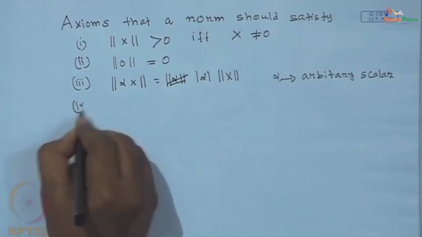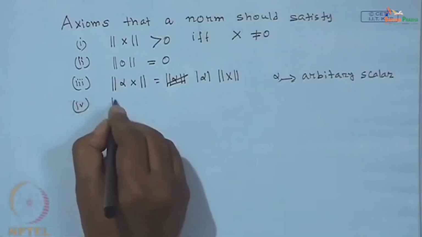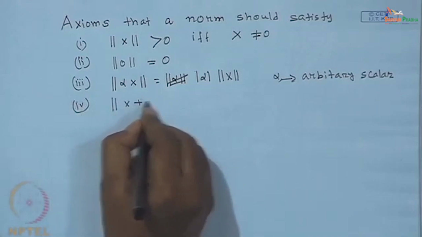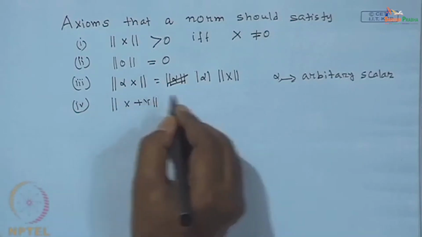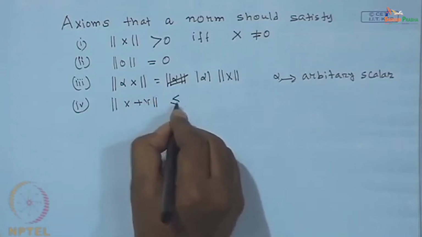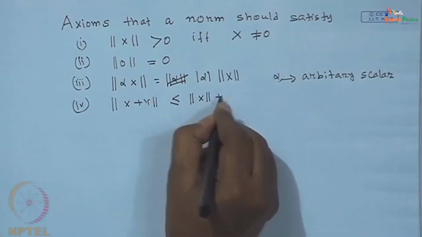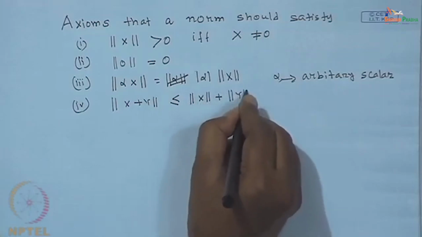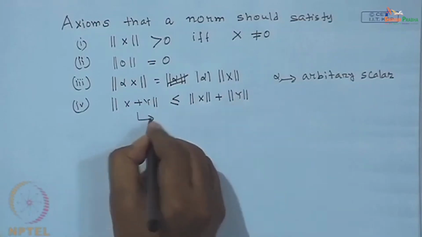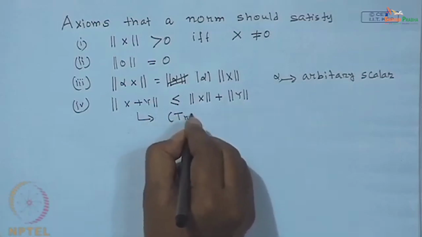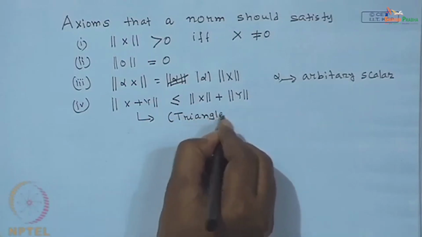The next axiom is that the norm of x plus y is less than or equal to the norm of x plus the norm of y. Again, this rule comes from the triangle inequality rule.